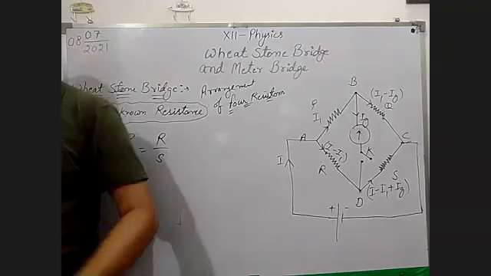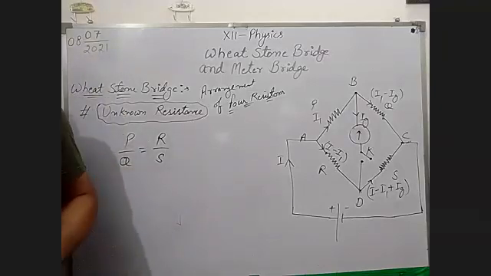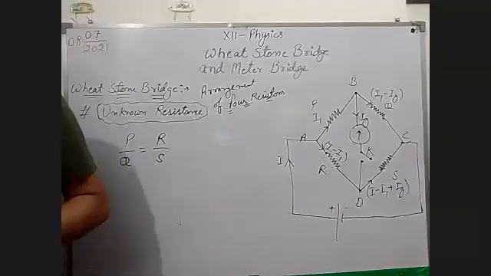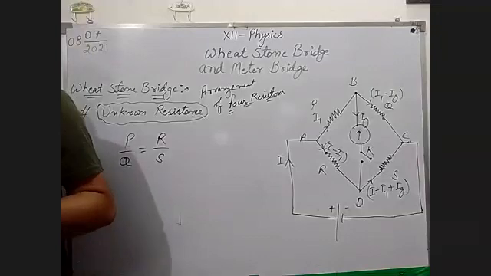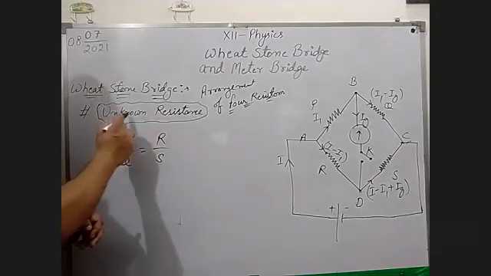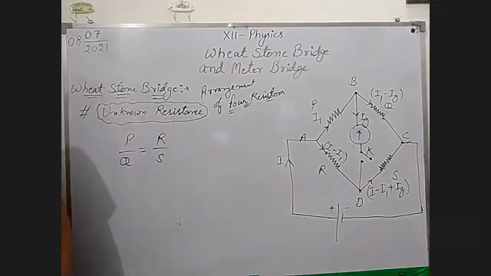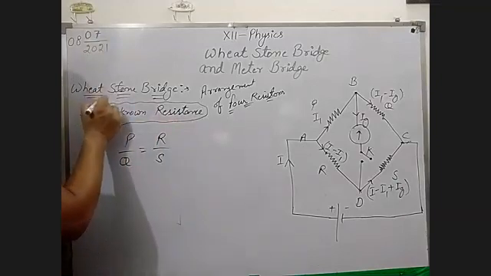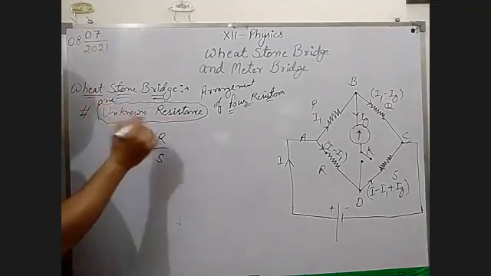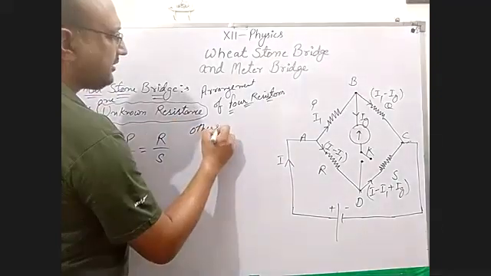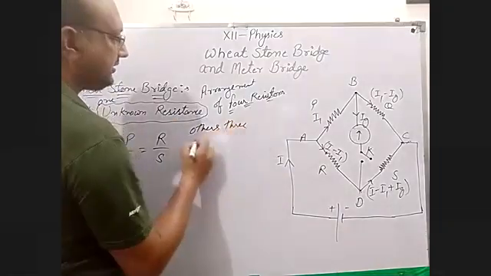Now what is Wheatstone bridge? Wheatstone bridge is an arrangement of four resistances in the form of a bridge which is used for measuring an unknown resistance in terms of the other three known resistances. One unknown resistance you can determine, and the other three should be known.